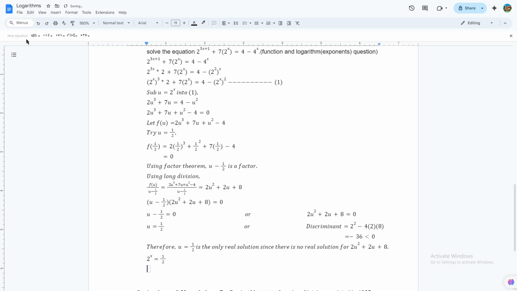So log base 2 of 2 to the power of x equals log base 2 of half.